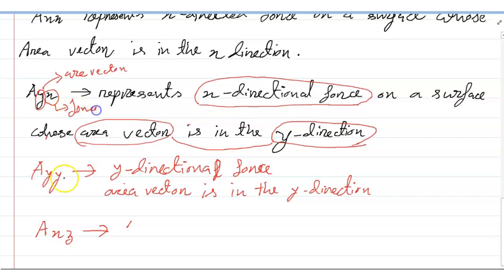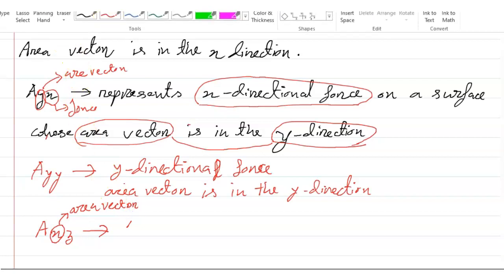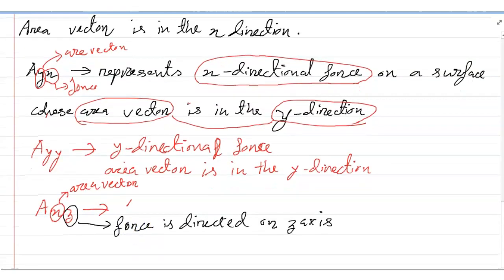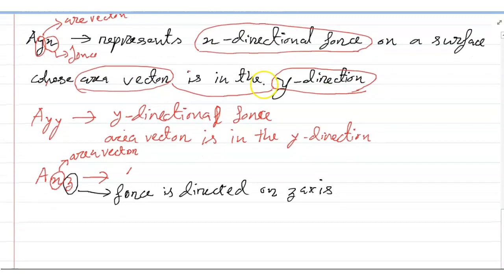Here also the same: X is the area vector of the surface, and Z is the force. Force is directed on the Z axis. So friends, I hope I have cleared the rank of the tensors.